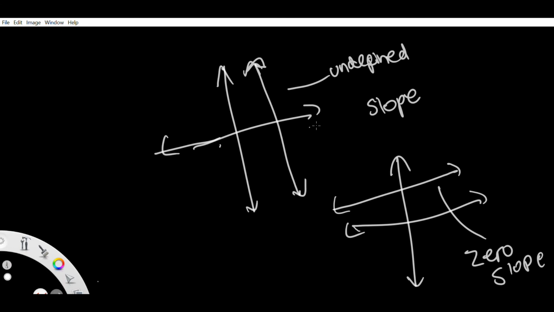So for undefined slope functions, you usually will not be able to write a function rule for it. For zero slopes, on the other hand, it would be something like y is equal to. And undefined slopes would be x is equal to. The function can either have y or x, but it can't have both.